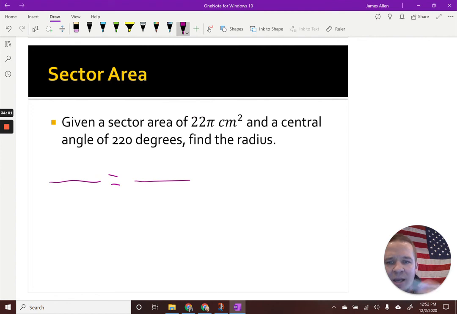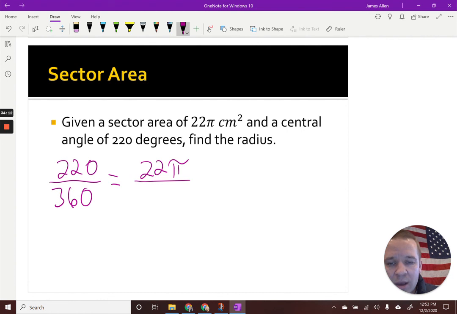I believe in you. Well, now what I've got is my angle is 220 divided by the overall 360 degrees of a circle is equal to, I know my sector area, so that's 22 pi up here, and I don't know, not 2 pi, my goodness, we're in area now, pi r squared. Okay. Cool.